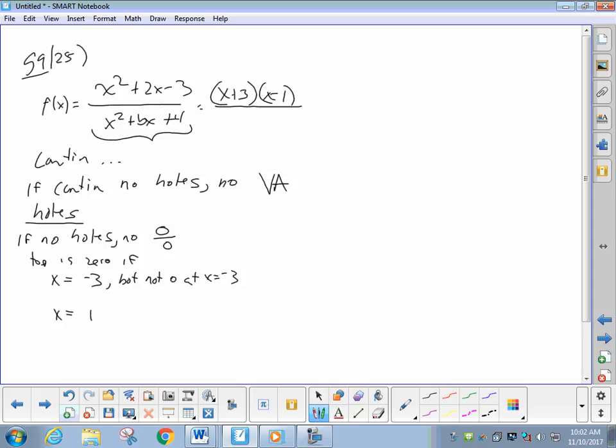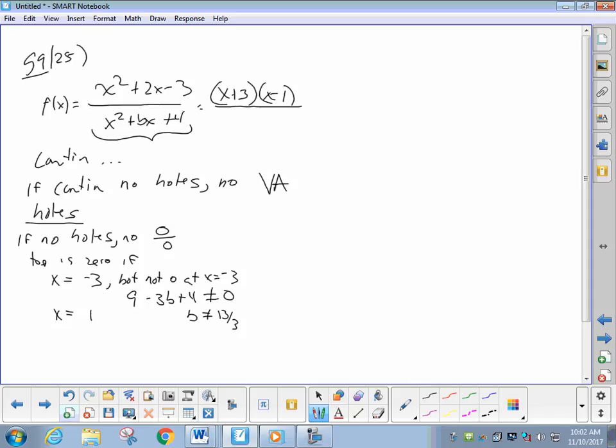So that would mean 9 minus 3b plus 4 is not 0. So yeah, b is definitely not 13/3, yeah? Because if that's the case, then I have a hole. What else?